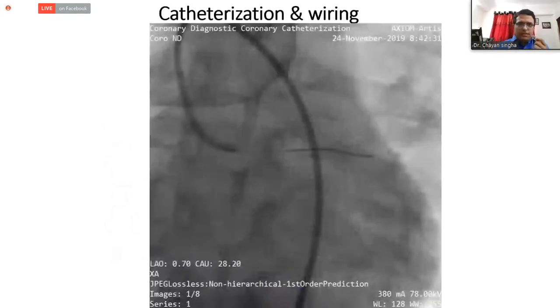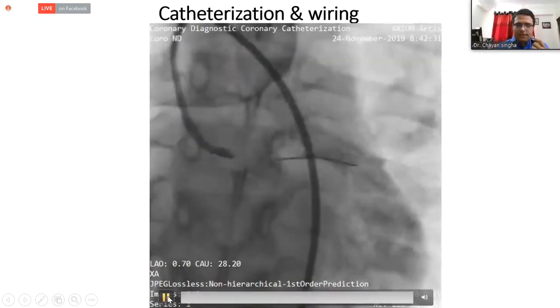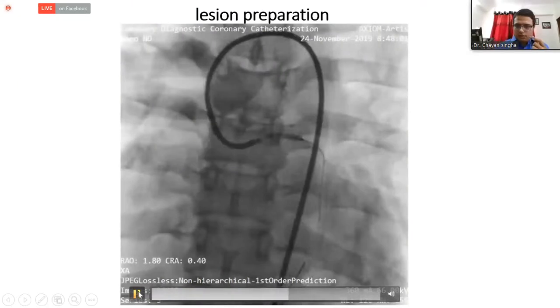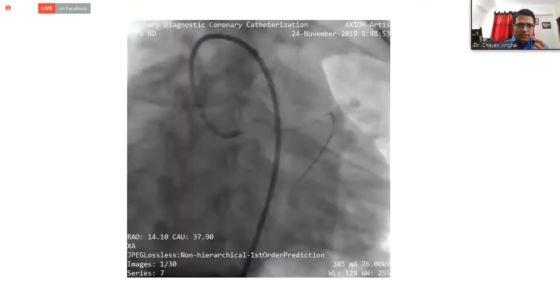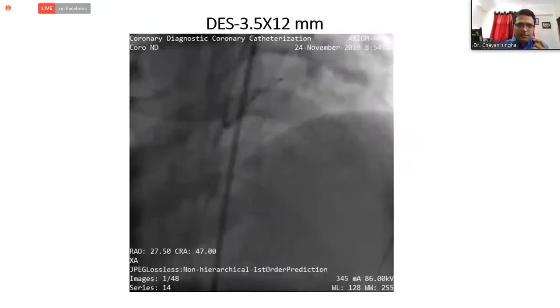Then we proceeded to the left system, engaging it through a 3.5 6 French guide catheter and negotiating a Fielder FC wire. We predilated the lesion with a 2.2 by 12 millimeter NC balloon, and this is the result of predilatation, seen in a different view.